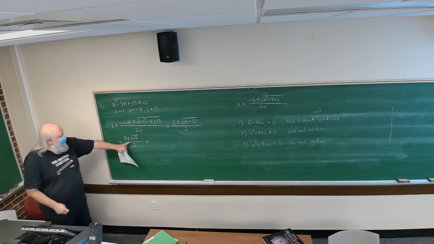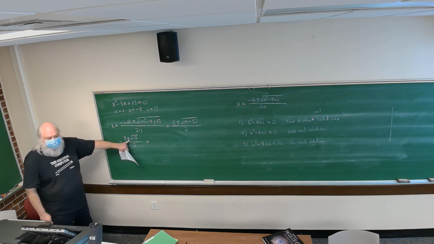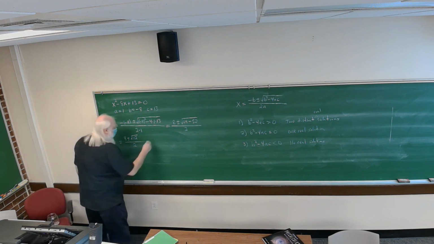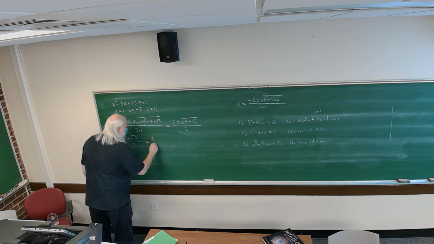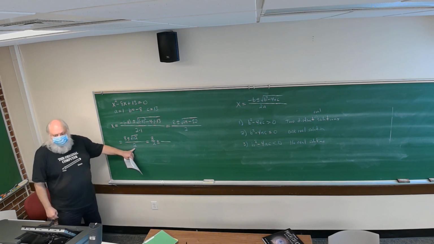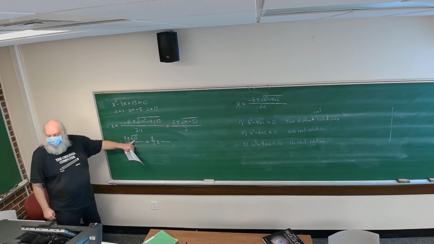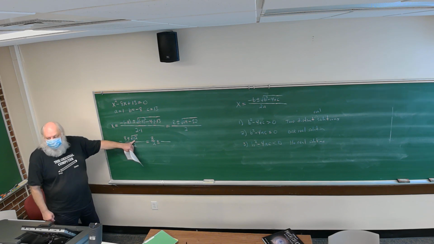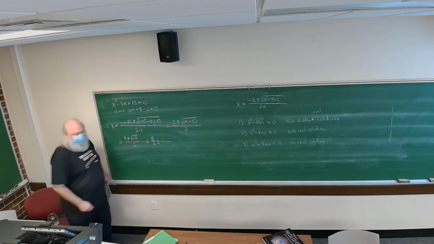So remember, division does not undo addition and subtraction. So this is equal to 8 divided by 2 plus or minus square root of 12 divided by 2. Does the square root of 12 reduce? What does it reduce to? To root 3.